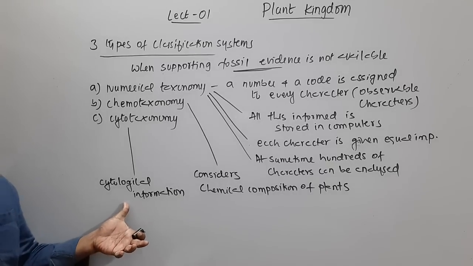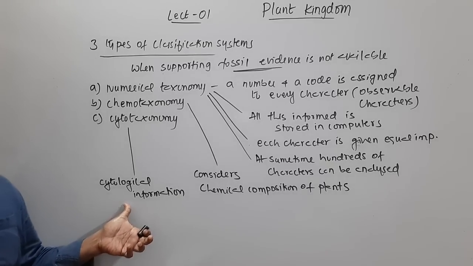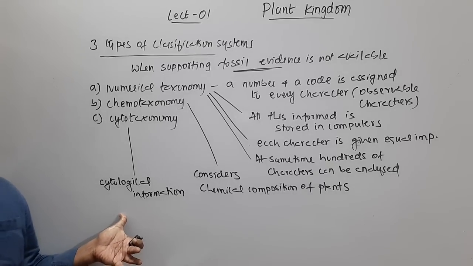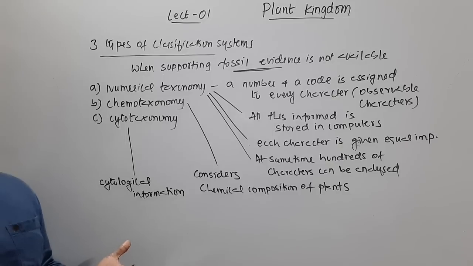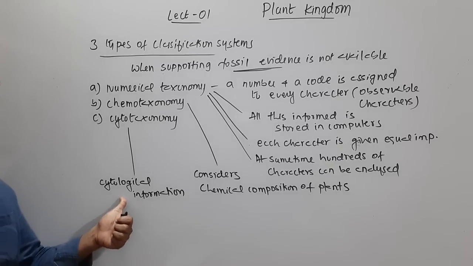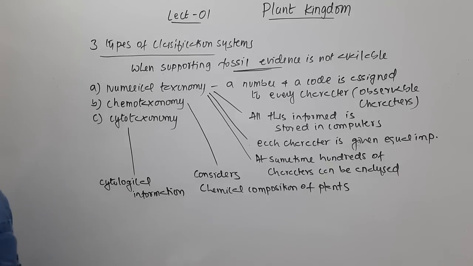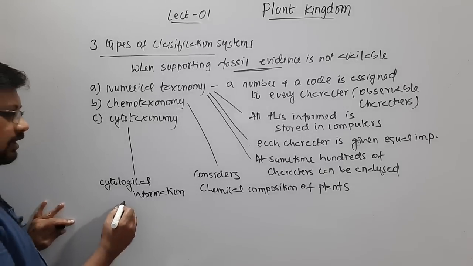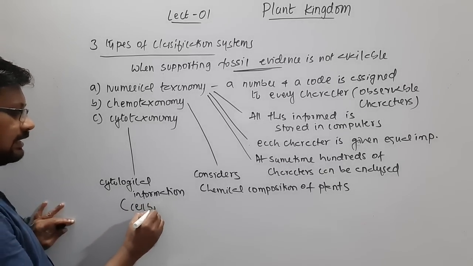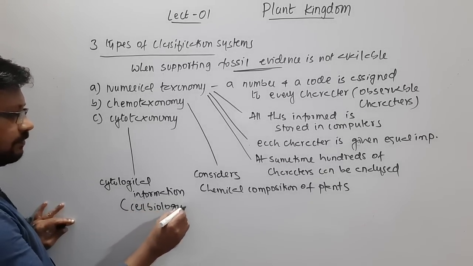We know the presence of chloroplast is a feature that we see in plants and not in animals. So the cytological information also will help in classifying the plants. In short, I'll call it cell biology.